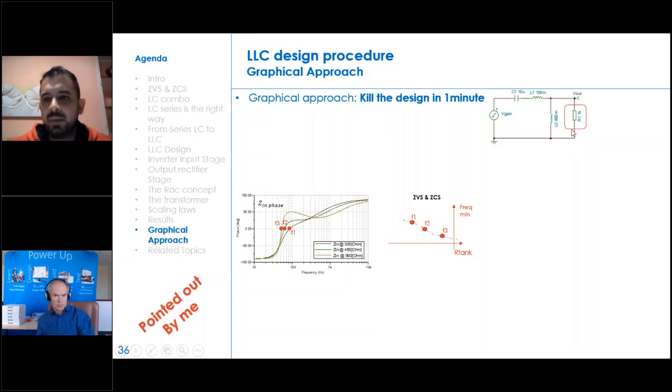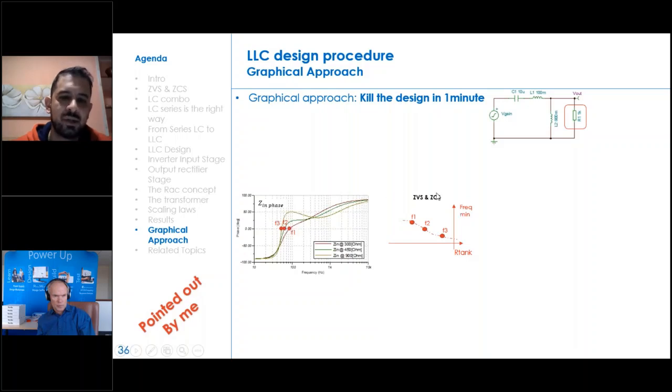By sweeping this tank resistor, we are moving from right to left in terms of resistor, but you see that the minimum frequency that allows us to get zero voltage switching tends to decrease. So if our resistor increases, the frequency decreases.